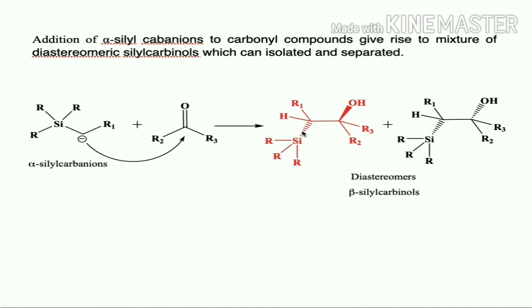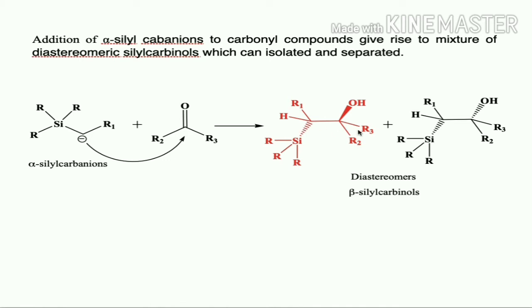Means you can see here the silyl group is below the plane and this OH group is above the plane, and in this diastereomer both are below the plane. So it is going to give a mixture of products because it is going to generate stereo centers. So this is one stereo center and this is one stereo center.